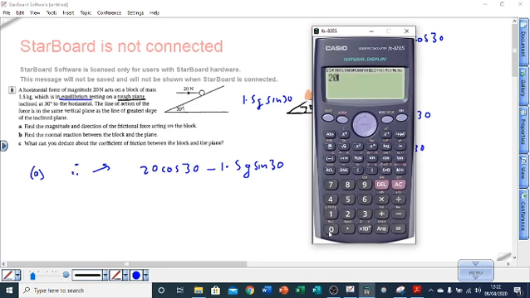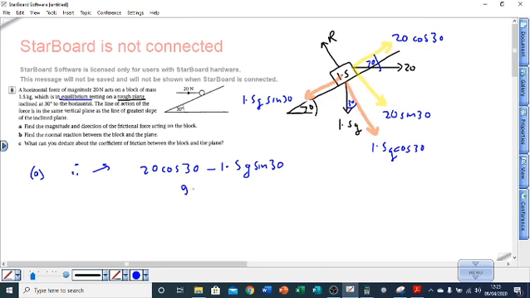We've got 20 cos 30, minus, 1.5 times 9.8 times sin 30, equals, and we get a positive 9.97. Therefore, there's an excess force going upwards, so I can say that's going upwards.